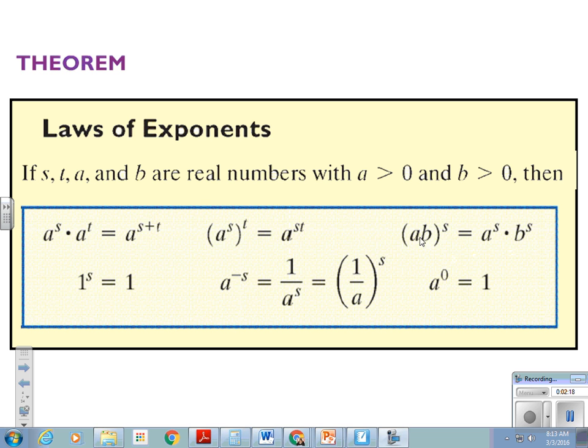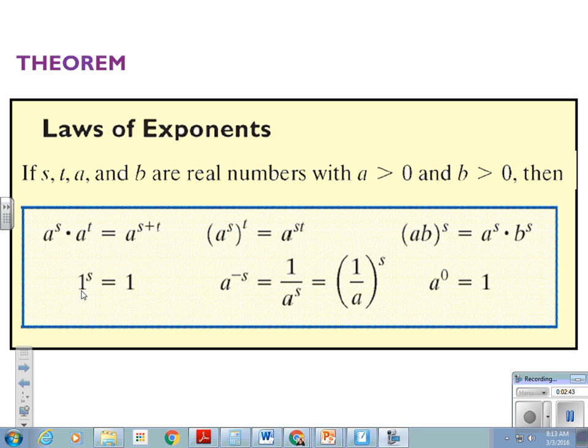If I am multiplying 2 bases together and I raise that to an exponent, that's the same as base to that exponent times my other base to that same exponent. You can distribute out the exponent to the parentheses. Cannot do that when there's a plus or minus, but you can do that when there's a multiply or divide.